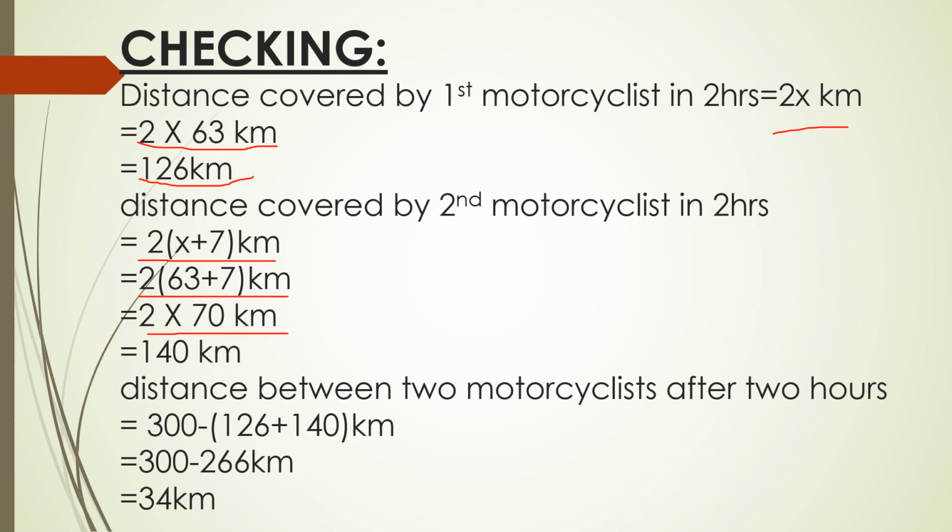That gives you 140 kilometer. Now you just check the distance between them after 2 hours, which will be obtained by adding the two distances they have traveled, 126 and 140, and subtracting from 300. The distance between them is 34 kilometers. That means the answer is correct.